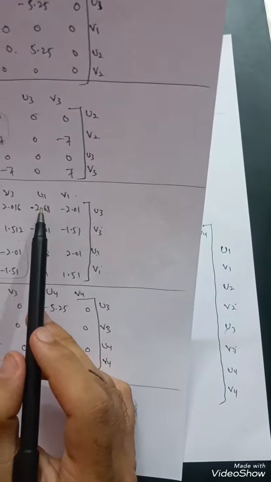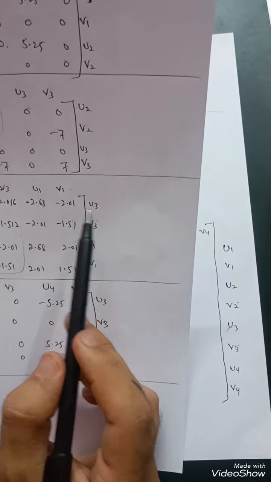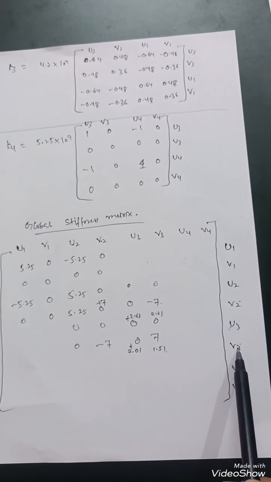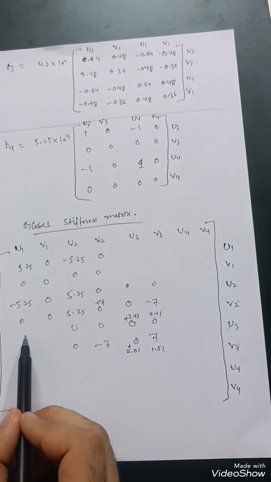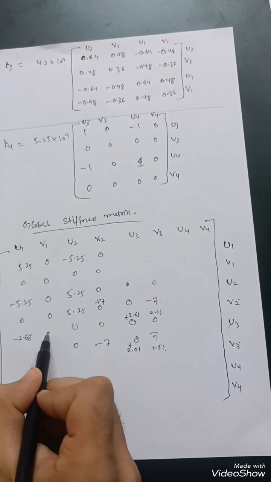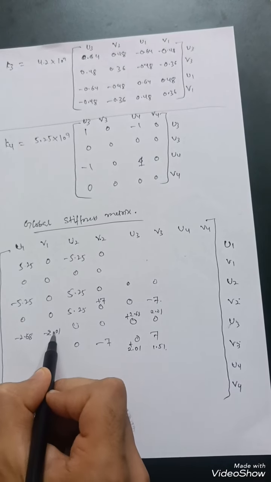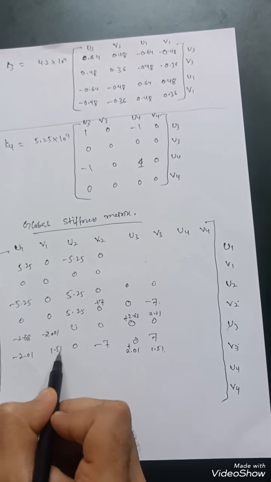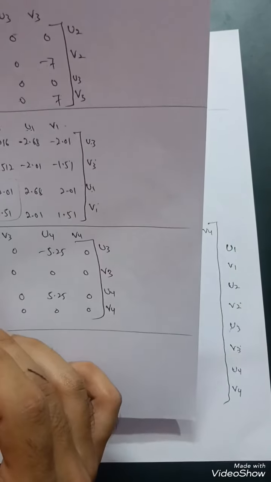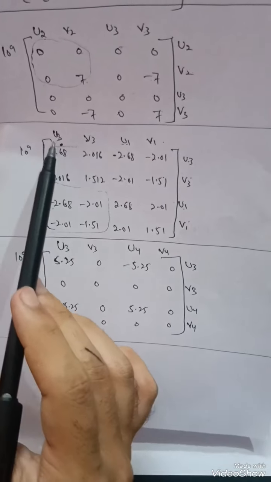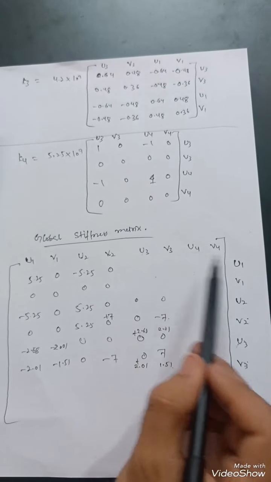After that, the second part, u1 v1 and u3 v3, will come under this particular column over here: minus 2.68, minus 2.01 and 2.01 and 1.51 with the minus sign. Then the third part of this matrix, minus 2.68, 2.01, comes under u3 v3 u1 v1.